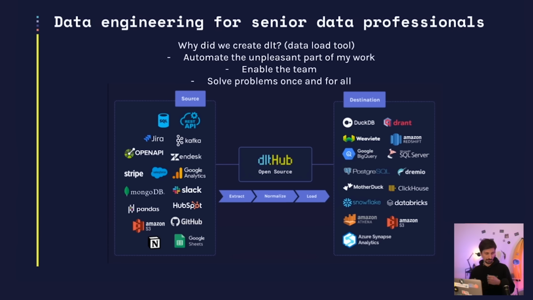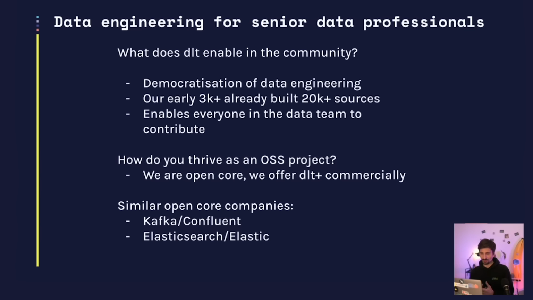So what I mean is, for example, you might want to parallelize a pipeline at some point. At DLT, once we added the ability to parallelize, you can parallelize all your DLT pipelines. So it's the boilerplate code that I wish I had. This has already happened. We created this library, we put it out there, and our early 3K community already built over 20,000 sources.